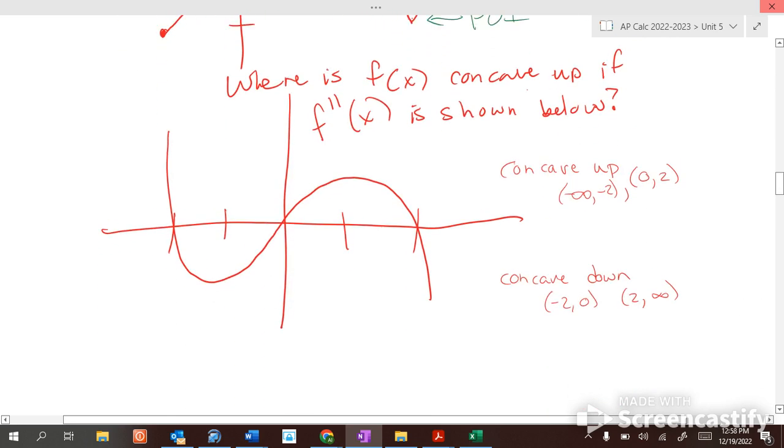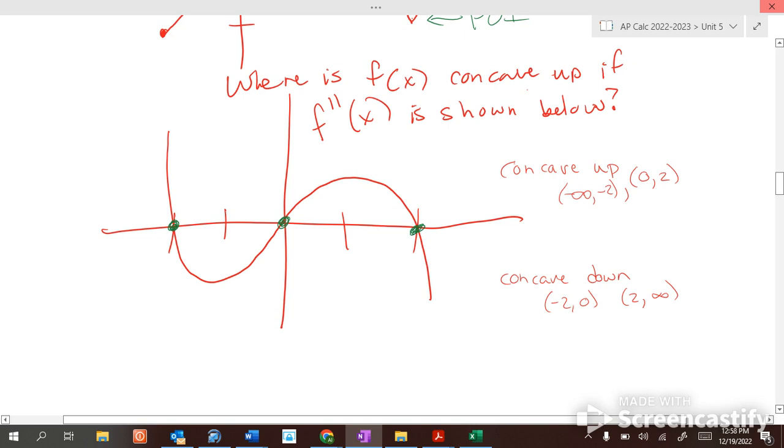Okay, this is a second derivative function. Where would the points of inflection be on the second derivative? These are all points of inflection.